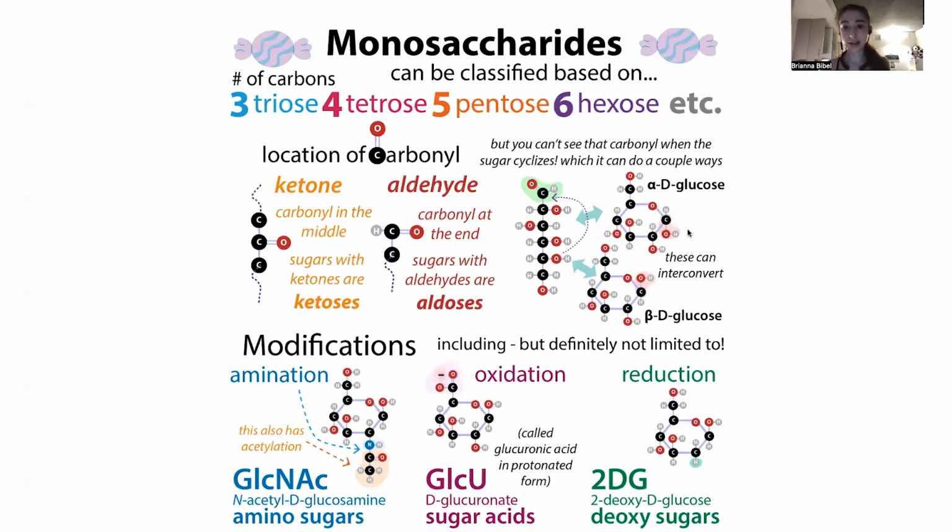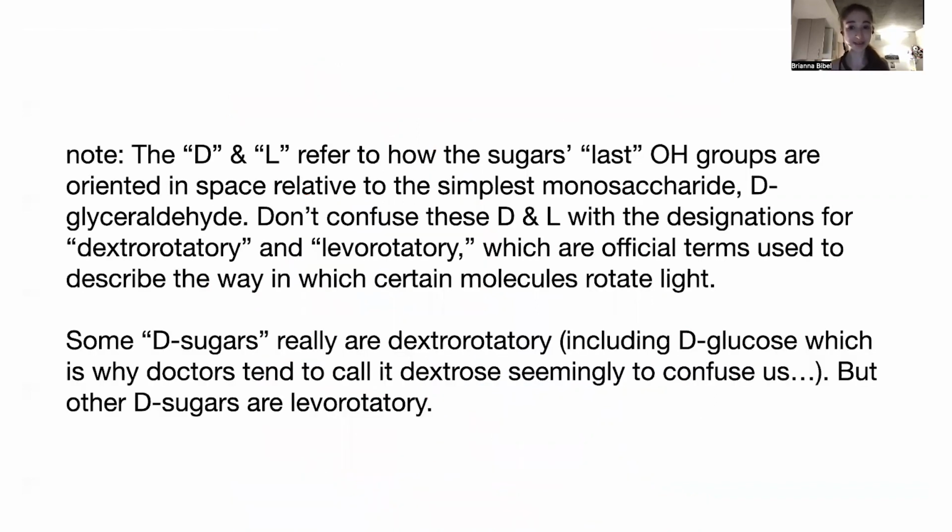Another term: that was alpha versus beta, which is talking about which direction this group is sticking. But this D can get kind of confusing because it has to do with stereochemistry.